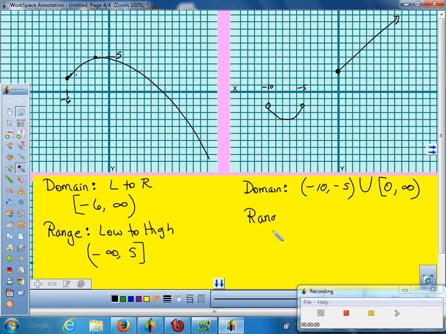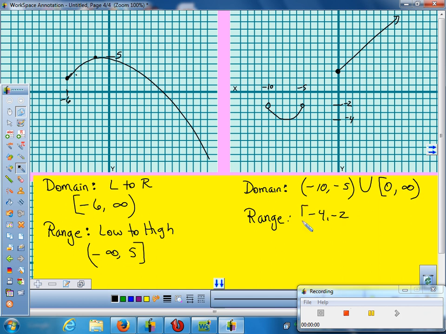So now, range, same thing. Starting from bottom going up, the first place we hit anything is here, which is what, 1, 2, 3, that's -4. Okay, so how high does it go up before it breaks? -2. It gets to -2, so I'm going to go -4 to -2, bracket or parenthesis on the board.